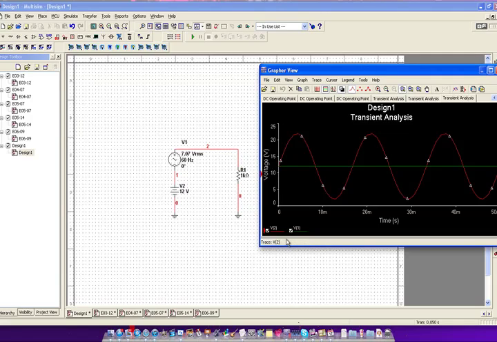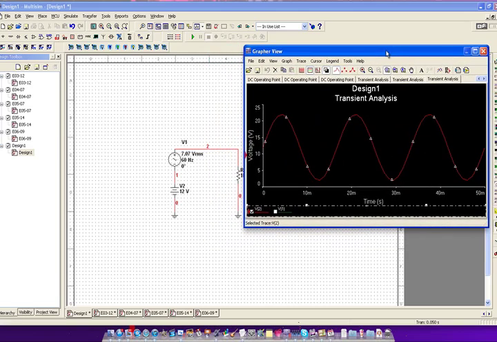I just want V2. As we can see here, the graph shows the voltage with respect to time. We can get the highest point here, which is the maximum, and the lowest point here is the minimum voltage.